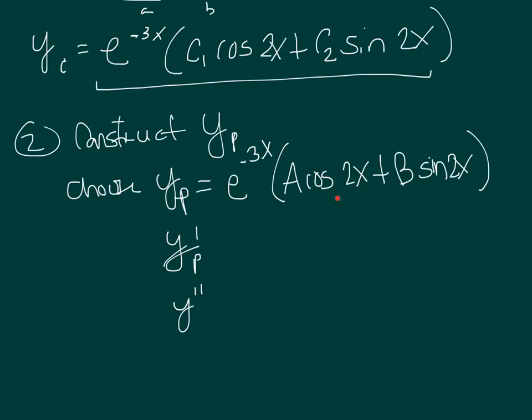This function is contained in our general solution to the homogeneous equation: e to the negative 3x, and then some constant times cosine 2x. It's the same thing, so it's going to be redundant if we add the same thing. We want something different.